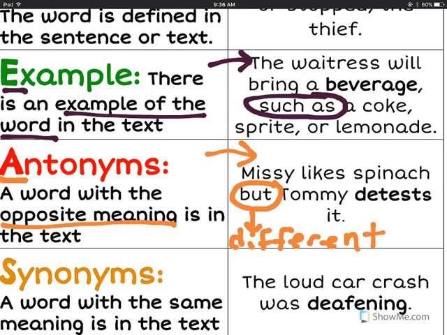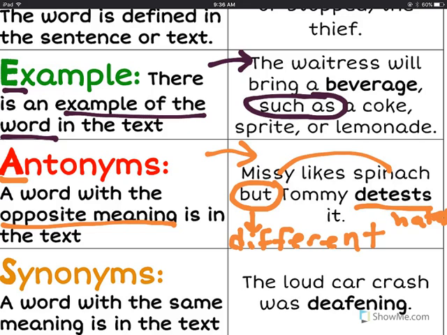Remember we have that text structure of compare and contrast? Well, this would be contrasting because it means the opposite. It's something that's a change or different. We know Missy likes spinach, but Tommy detests it. So it means he hates it or dislikes it very strongly.